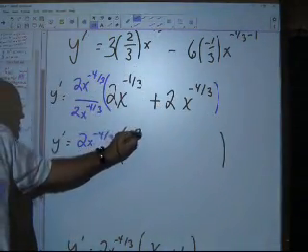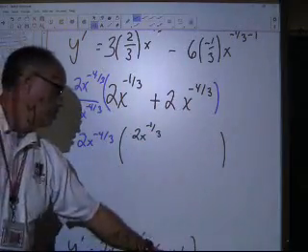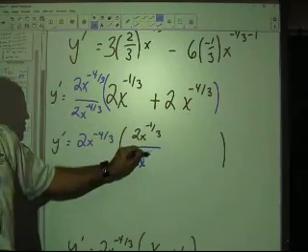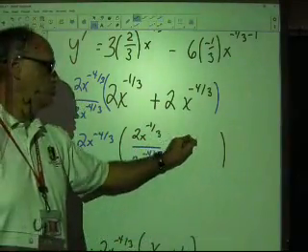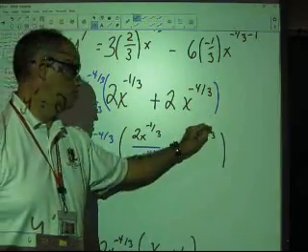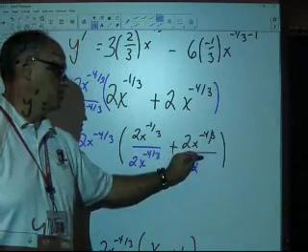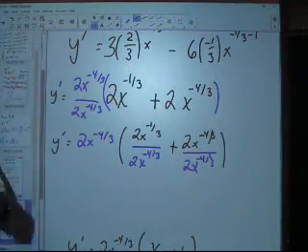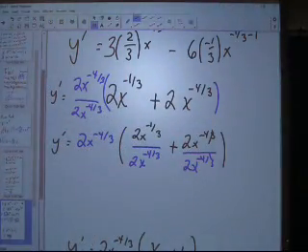So I distribute it to the 2x to the negative 1/3, and then plus 2x to the negative 4/3, I distribute also to that part. Now I am reducing each term individually, and that's what factoring produces as a result.